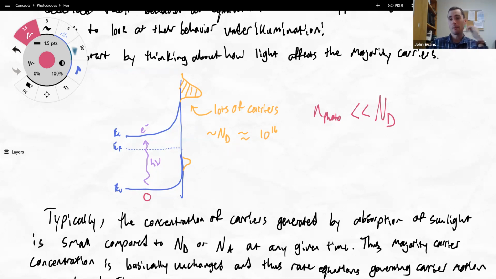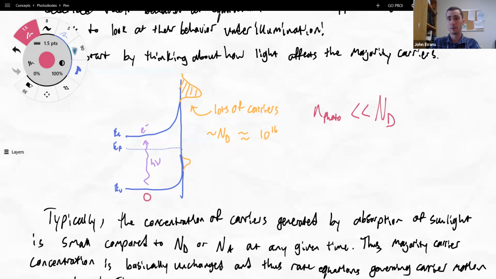What that means is that we aren't really changing our majority carriers all that much. They are still moving around basically like they were before we shine light on them, which is why we've been talking about this so much. It's really important for how these materials behave even under illumination.